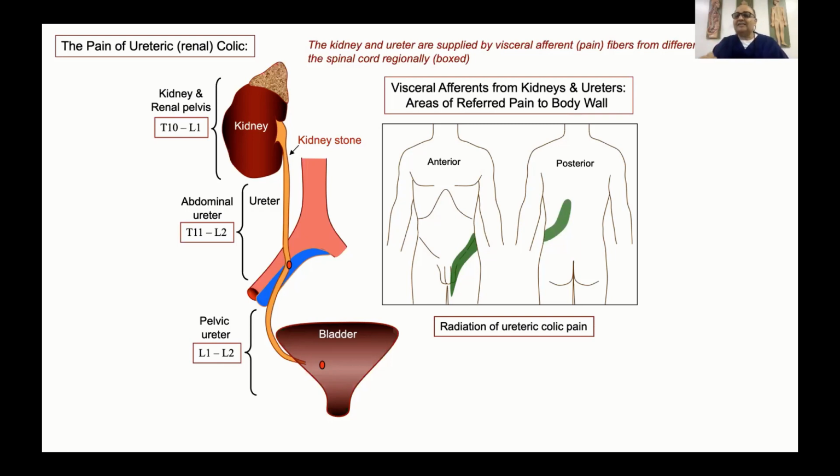So this is a classic. Like for appendix, you learn what? A pain starts paraumbilical and radiates to the right iliac fossa. That was a classic pain of acute appendicitis. A pain which initiates after having a heavy fatty meal on the right side, gallbladder, gallstone.